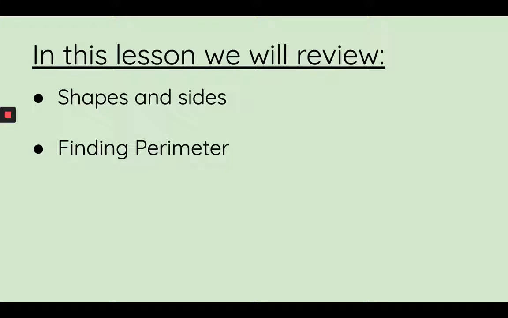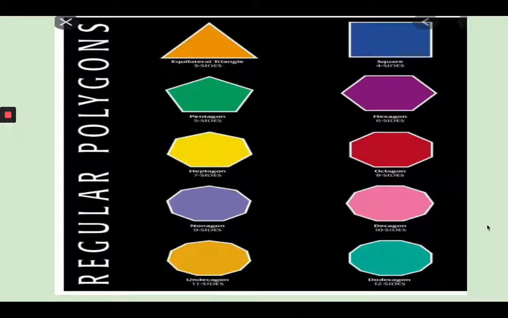In this lesson, we'll review shapes and their sides and finding perimeter. As a review, we are going to be talking about shapes. So here's a chart of different shapes, and these are all shapes that have straight sides. They're closed shapes with straight sides, so that means that they're regular polygons.